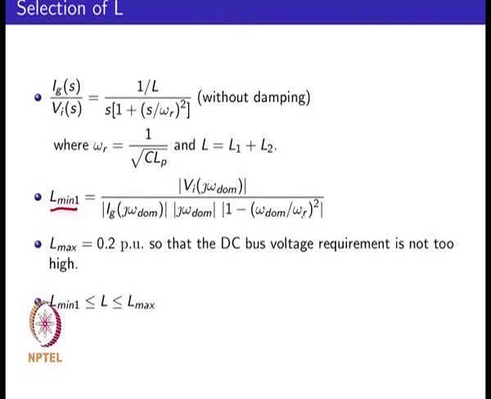We will discuss how we could select the resonant frequency. So you have a minimum limit for the inductive term. You also have a maximum limit, L max, the maximum value of L1 plus L2, and this is based on the DC bus voltage requirement.